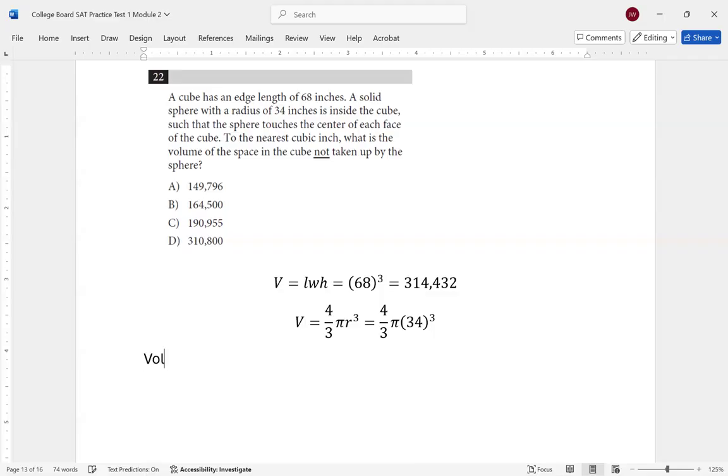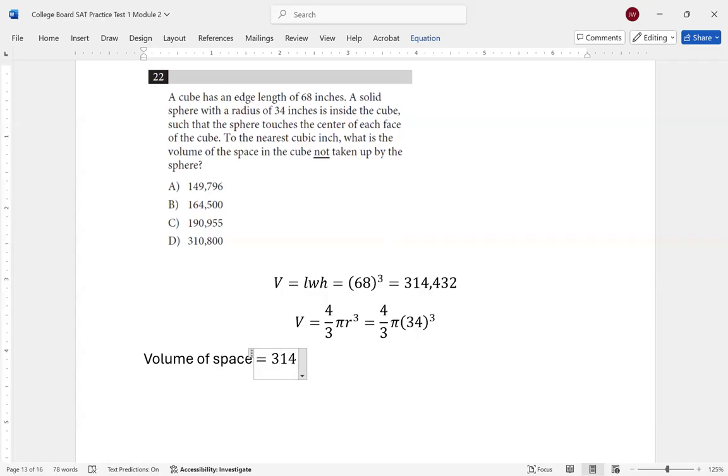So the volume of the space not taken up by the sphere, so inside the box not taken up by the sphere, is the difference between those.